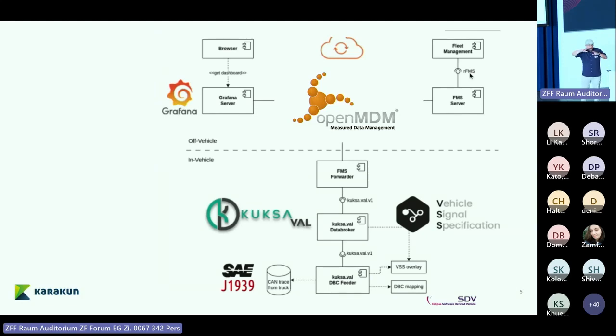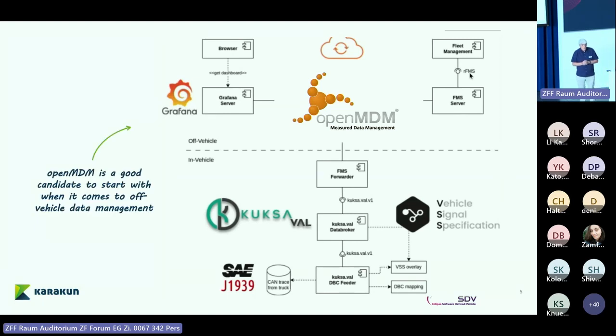Of course, it's not really about architecture and little interfaces. It should just tell you we are speaking of an off-vehicle data management solution, which can maybe be a good starting point for the data management in the SDV community for whatever use case might come up in the future or might also be there.